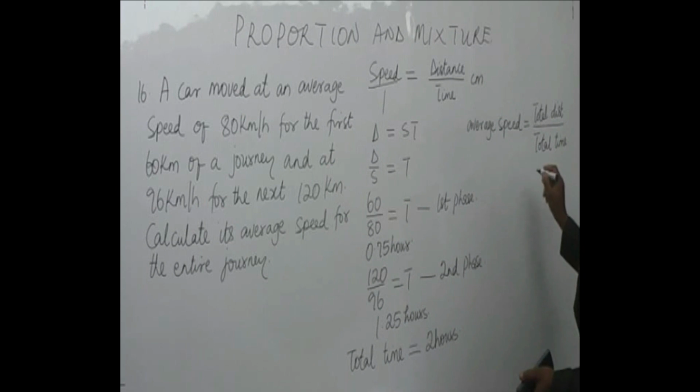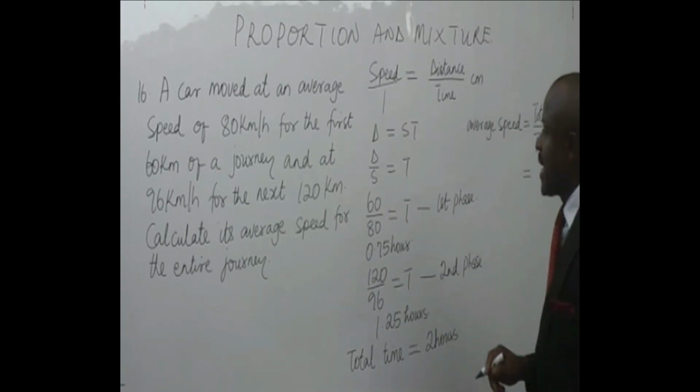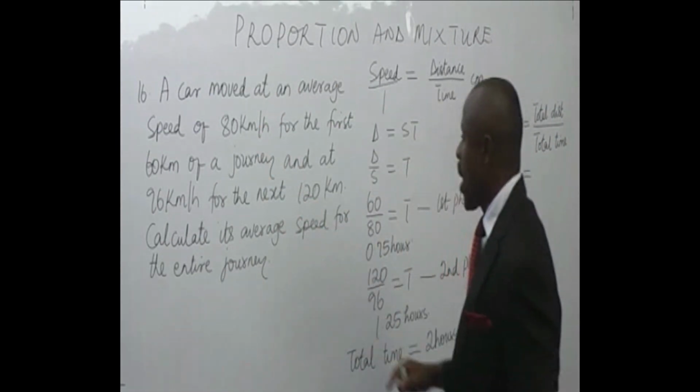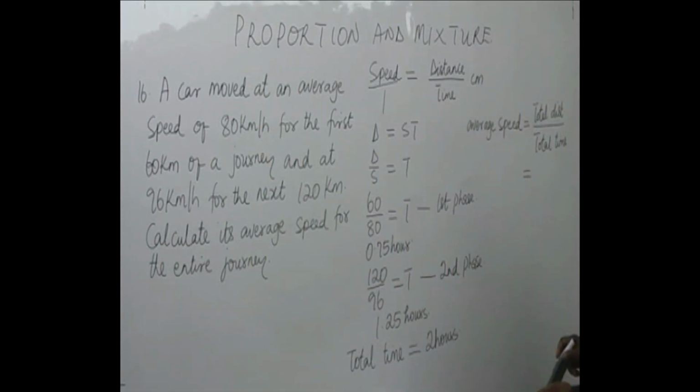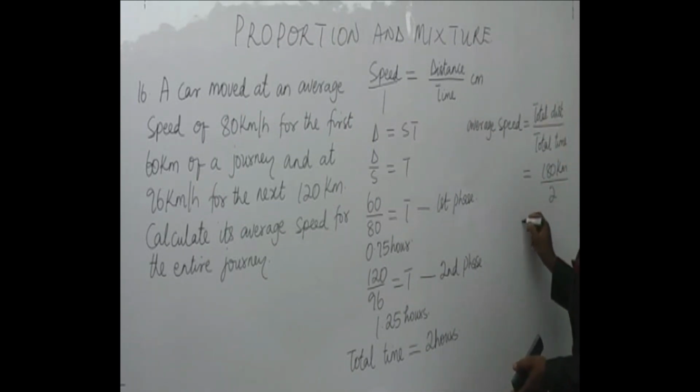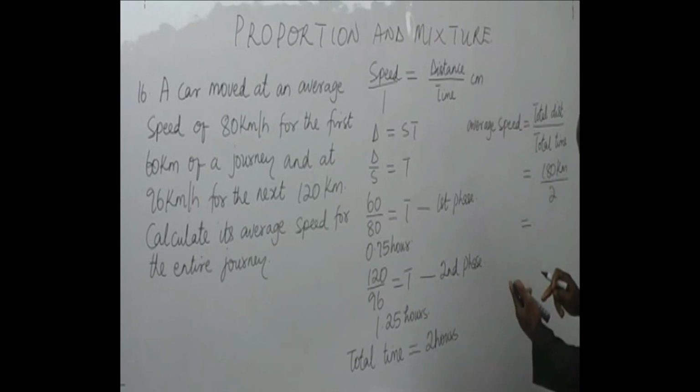Total distance divided by total time. The total distance are 60 kilometers for the first and 120 kilometers for the second. It is giving us 180 kilometers divided by 2, the time for the first and second phase. 180 divided by 2 is giving us 90 kilometers per hour. So that is the average speed for the entire journey.